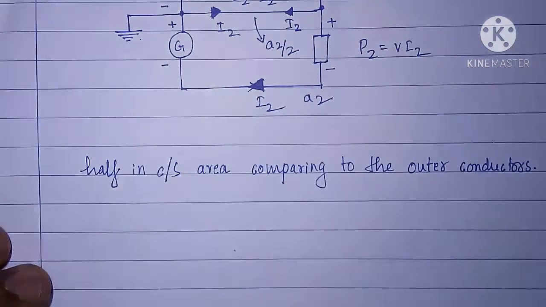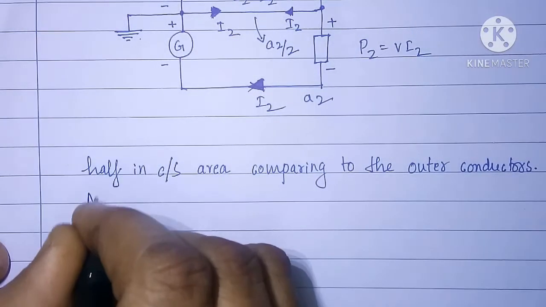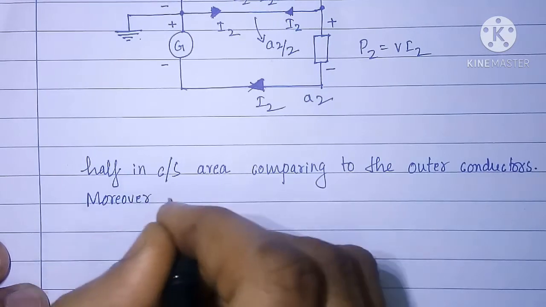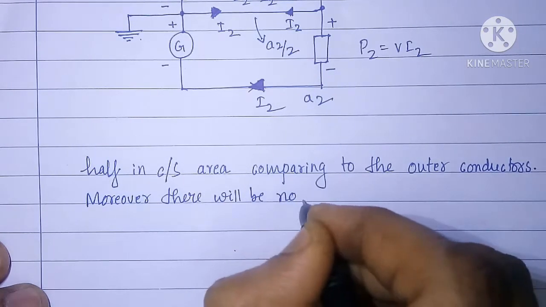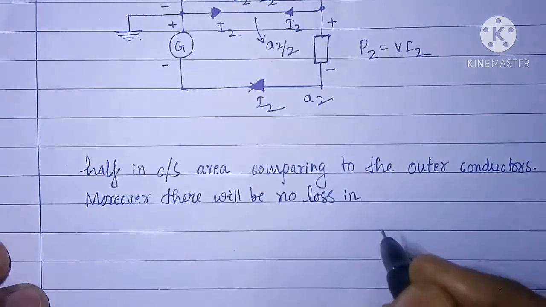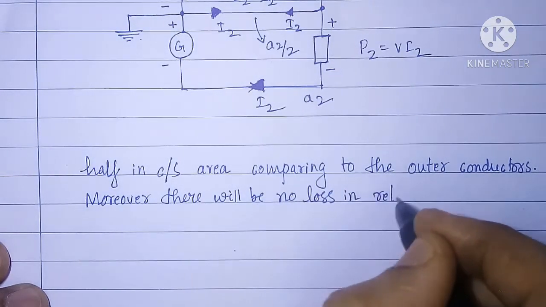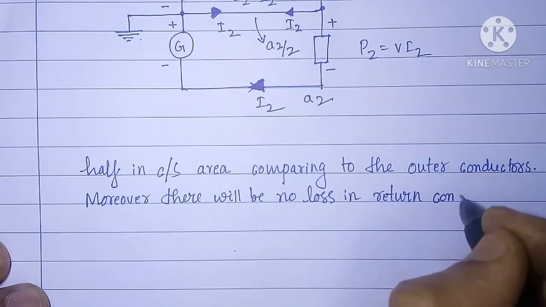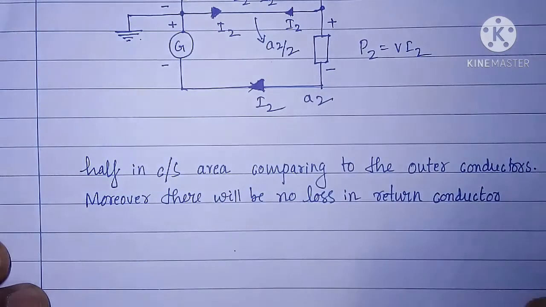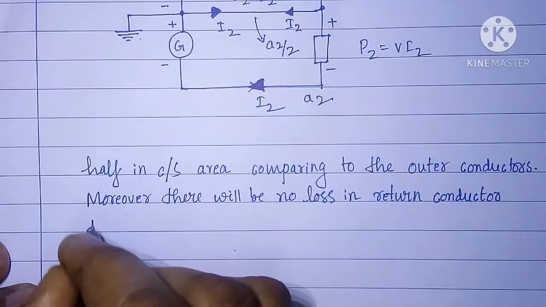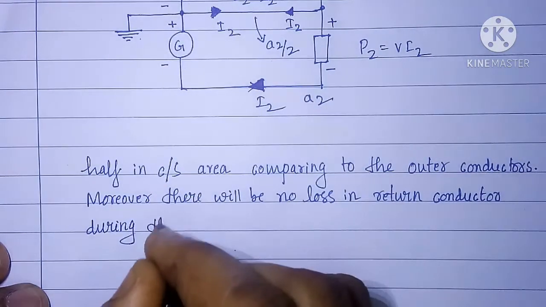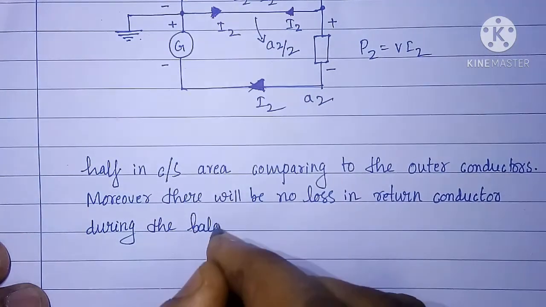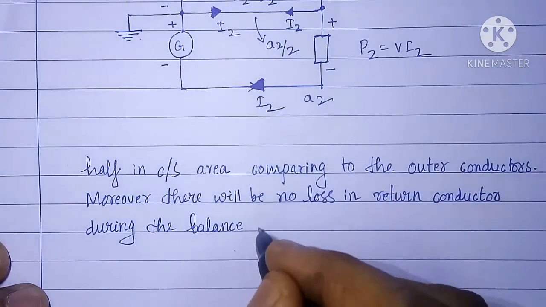Moreover, there will be no loss in return conductor during the balance condition.